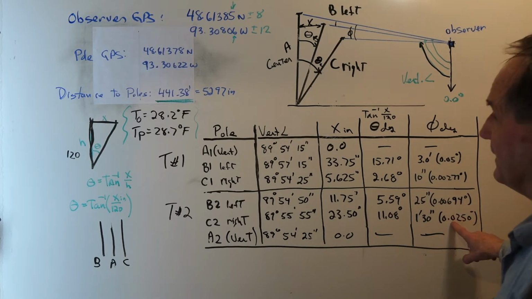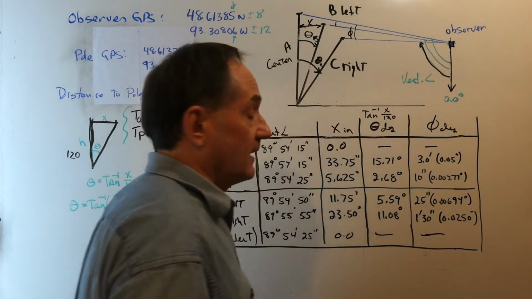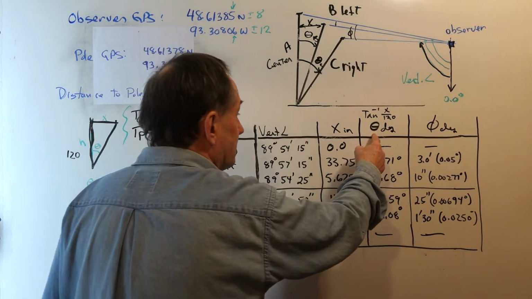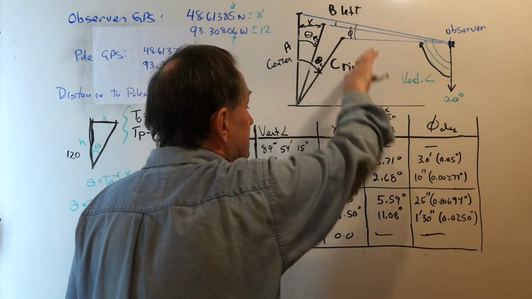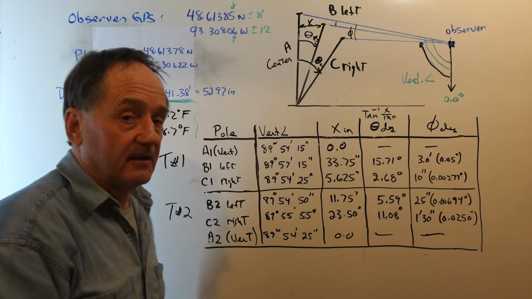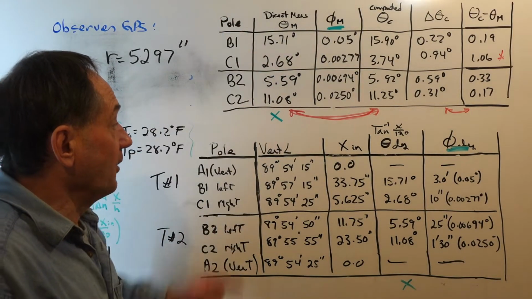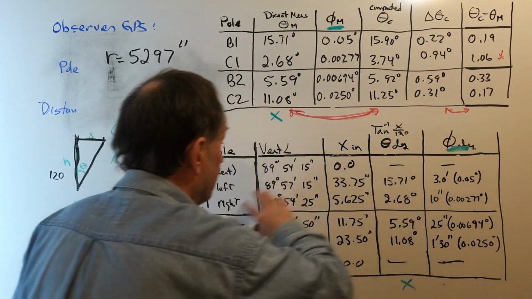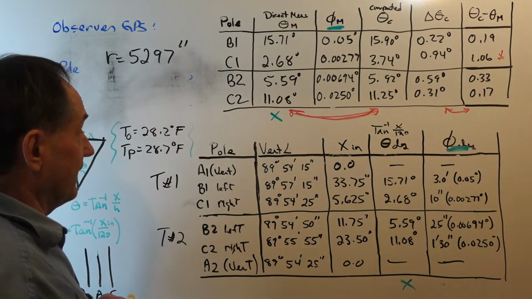And then using these numbers for phi, we will calculate this tilt angle and compare it with what we actually measured just by using the separation distance. And I'll give you those numbers now. I've built another table here based on the raw data that we accumulated with the Topcon theodolite.